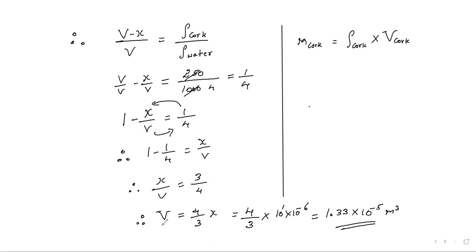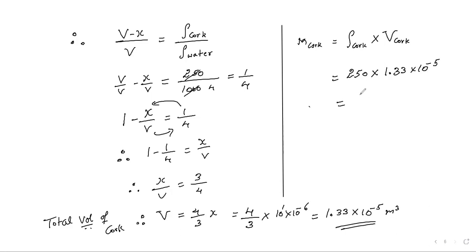What we just saw, this is the volume of the cork. So rho cork is 250 into the volume we found, 1.33 into 10 power minus 5.